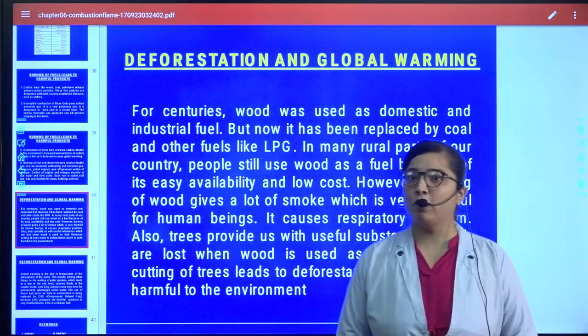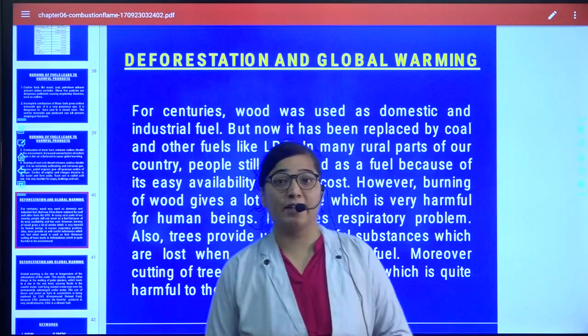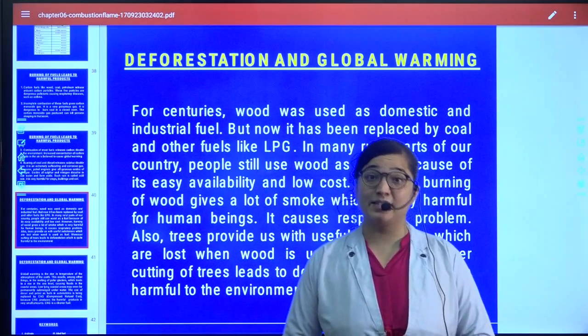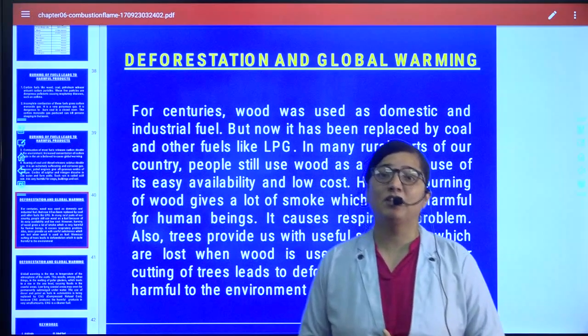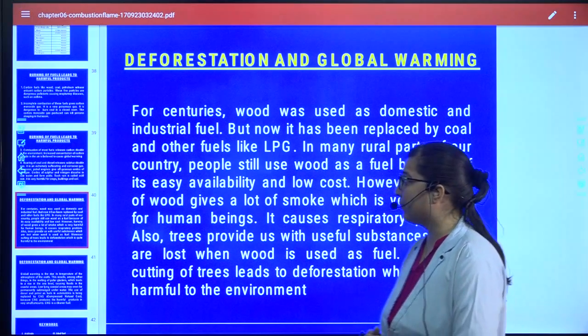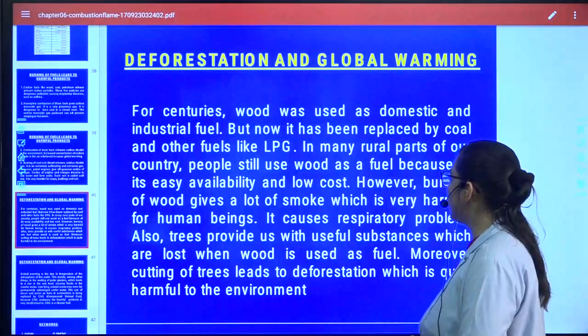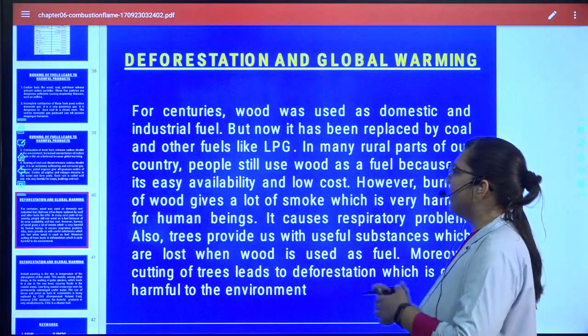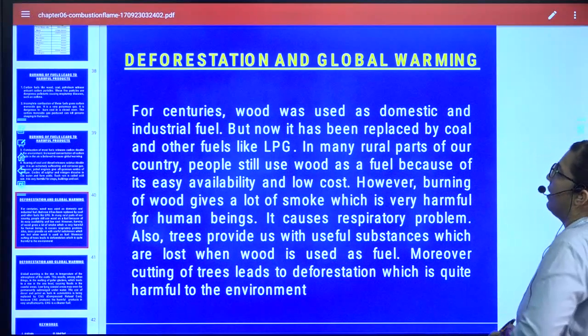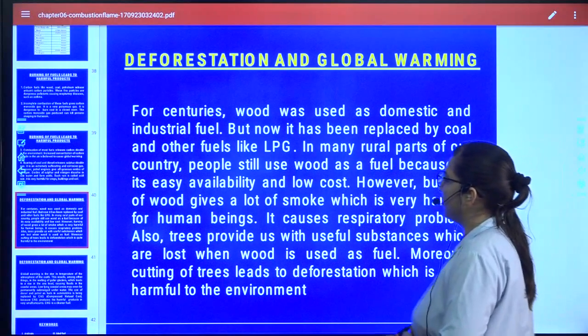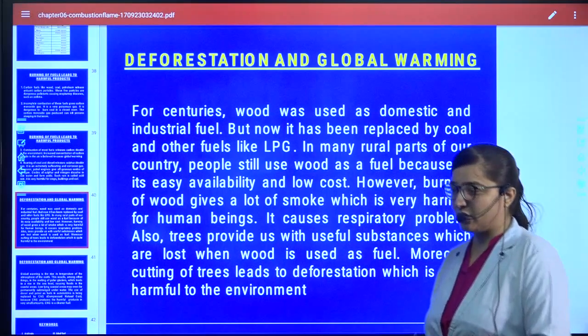What are the reasons for deforestation and all that, we are going to study in chapter number 7. But yes, deforestation is done, and one of the reasons is that wood is used as fuel. So for centuries wood was used as a domestic and industrial fuel. Nowadays we are replacing it with LPG, CNG or many other things. In rural parts of our country people still use it as a fuel.